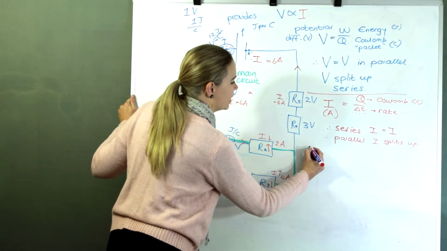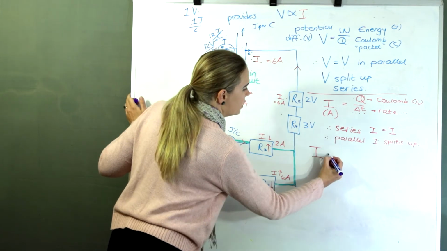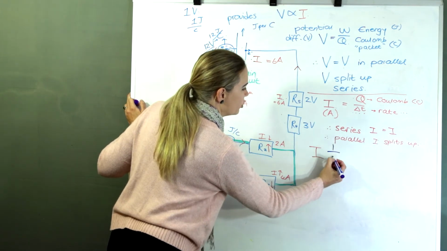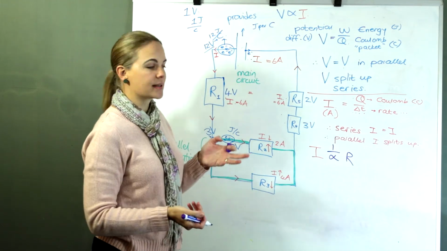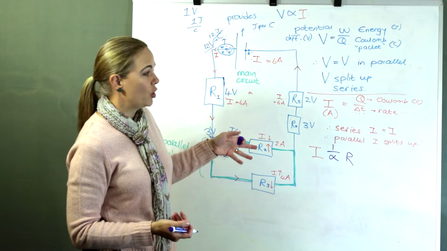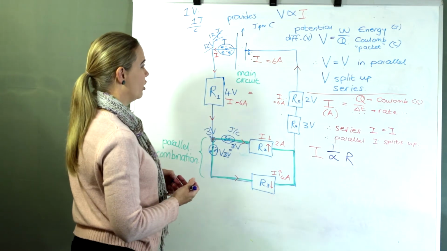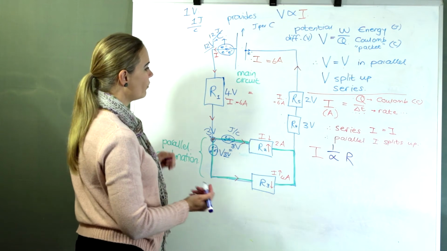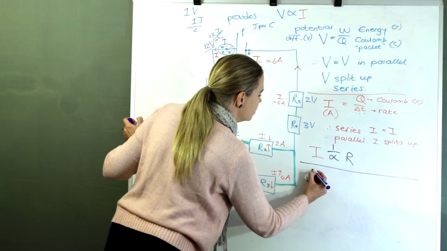So we've seen that the current is inversely proportional to the resistance. The higher the resistance, the lower the current through that specific part, through the main circuit or in a specific parallel branch.